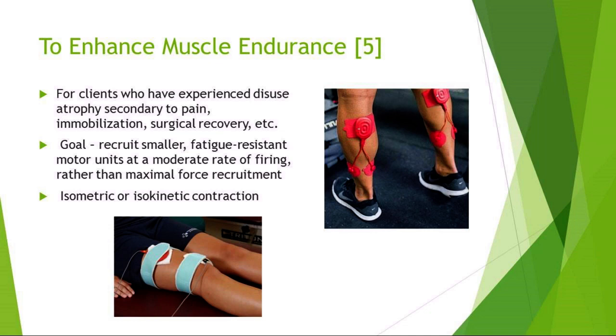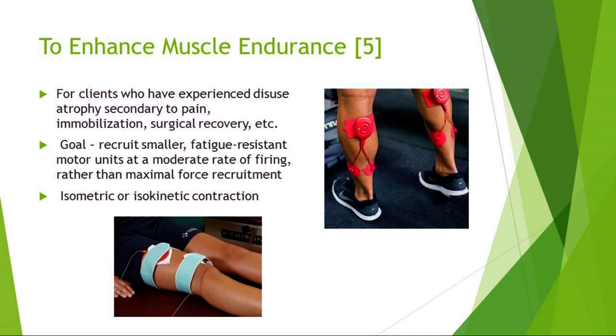For clients who have experienced disuse atrophy secondary to pain, like they've been immobilized after a surgery, in surgical recovery, people who are in a cast boot or something like that, the goal of E-stim to enhance muscle endurance is to recruit smaller fatigue-resistant motor units, those type 1 fibers, at a moderate rate of firing rather than a maximal force recruitment.